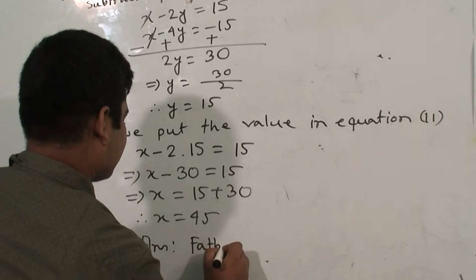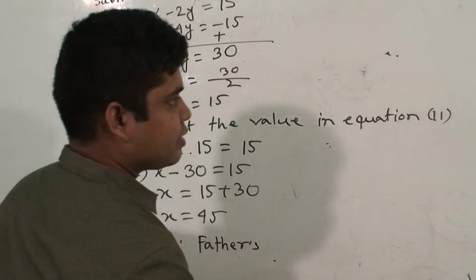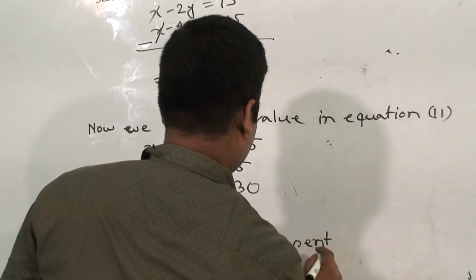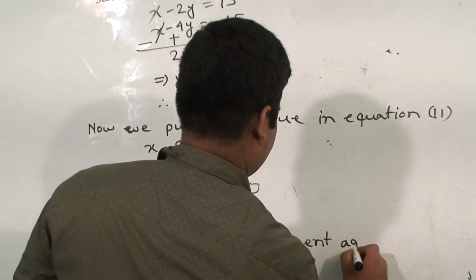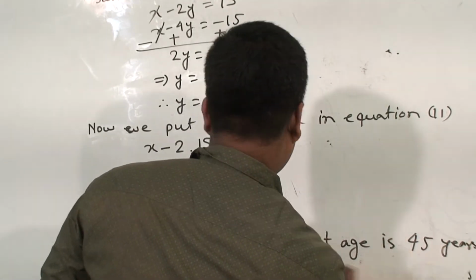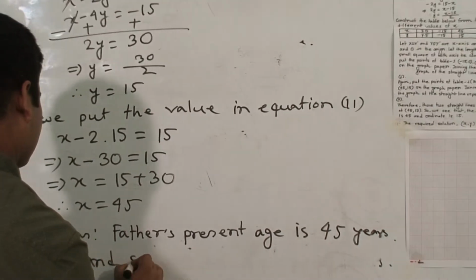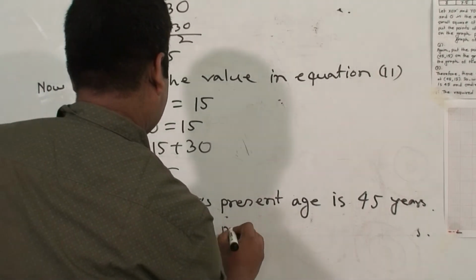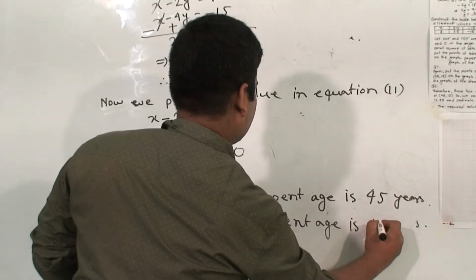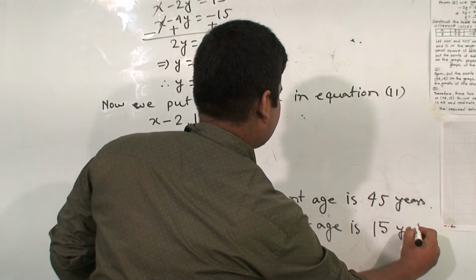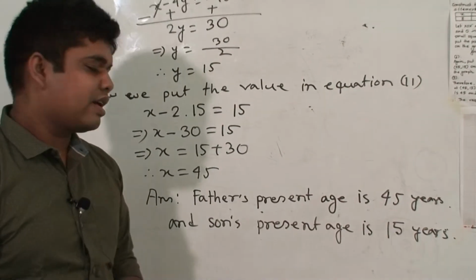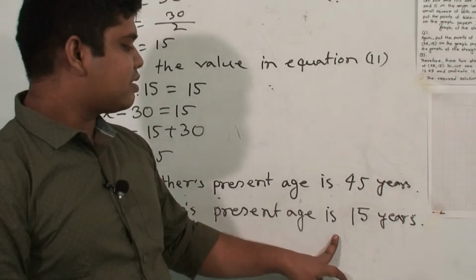Father's present age is 45 years and son's present age is 15 years.